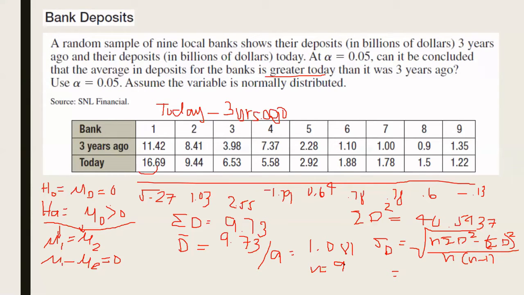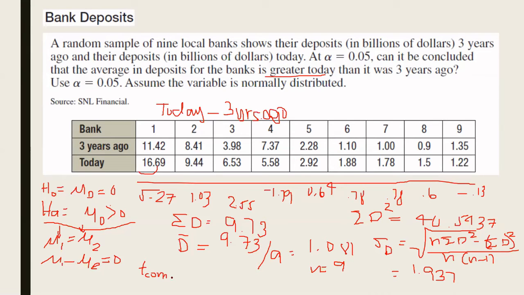Then we get the square root, which is approximately 1.937. Although ang mas mahabang answer is 1.937281887. Okay?